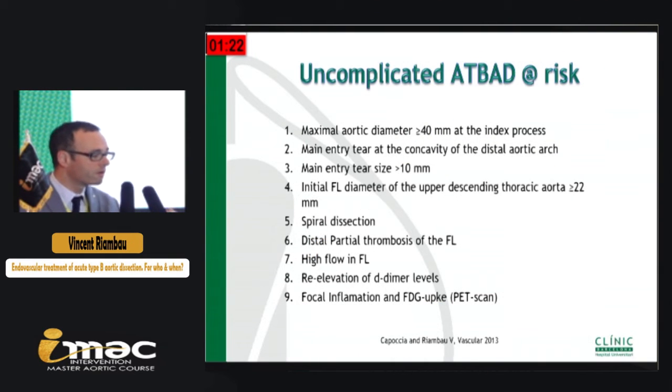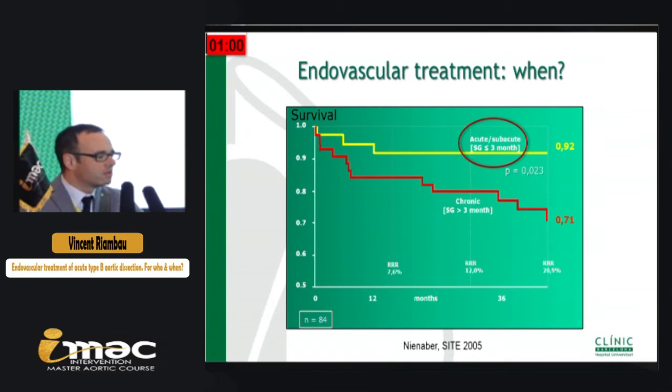So if we summarize all these factors that we went through, there are these nine factors, anatomical and biomarkers, that can produce some kind of definition of what is an uncomplicated acute type B dissection at risk of becoming complicated. And so in this kind of situation, when do we need to treat this patient?